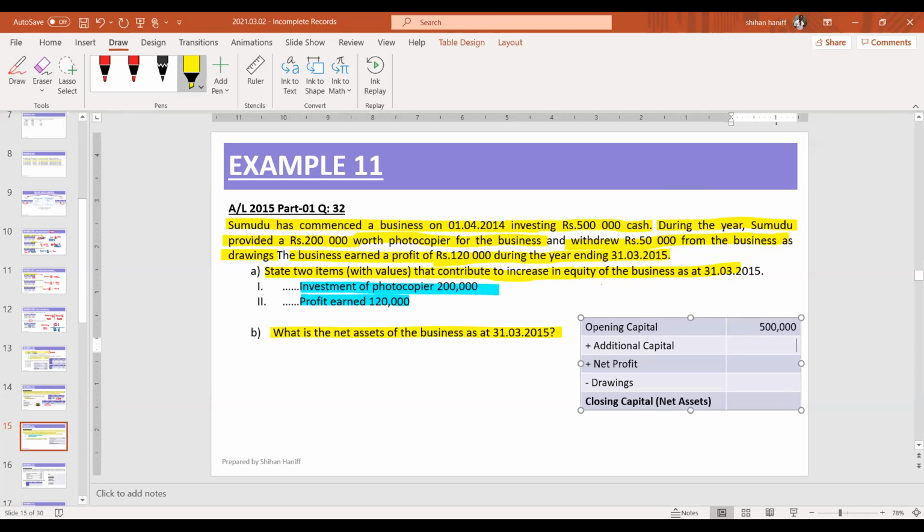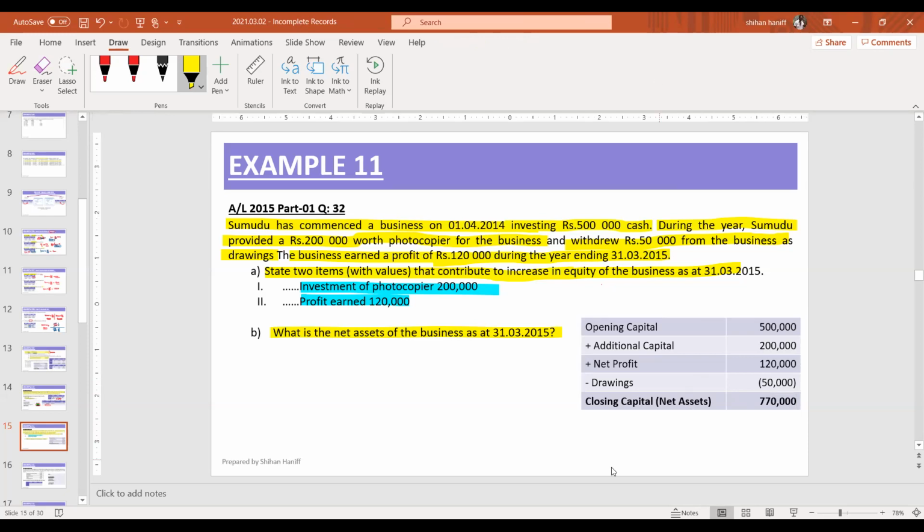Net profit earned is 120,000. And drawings is 50,000. The closing net asset: 500 plus 200 plus 120 minus 50, 770,000. Okay.